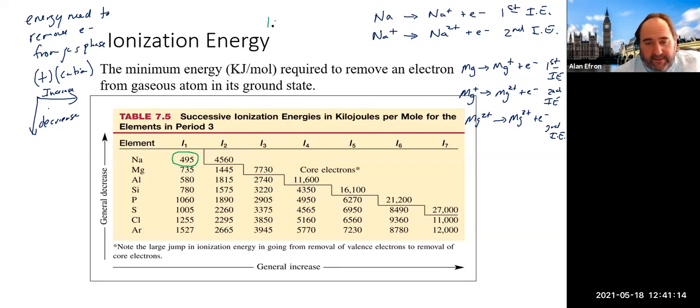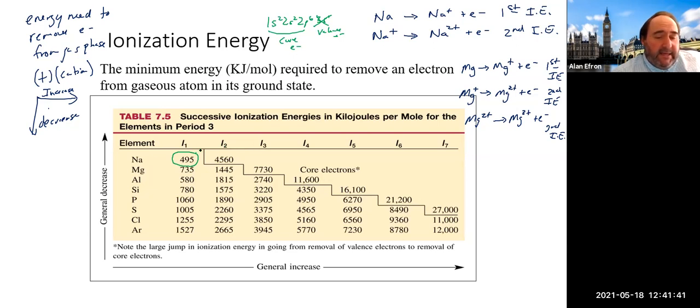So if you take a look at its configuration, 1s2, 2s2, 2p6, 3s1. When we lose that first one, that is our valence electron. That's our outermost electron, furthest away from the nucleus, as we talked about, not held as tightly because of the Z effective. Here are our core electrons, which are definitely going to be held a lot tighter.